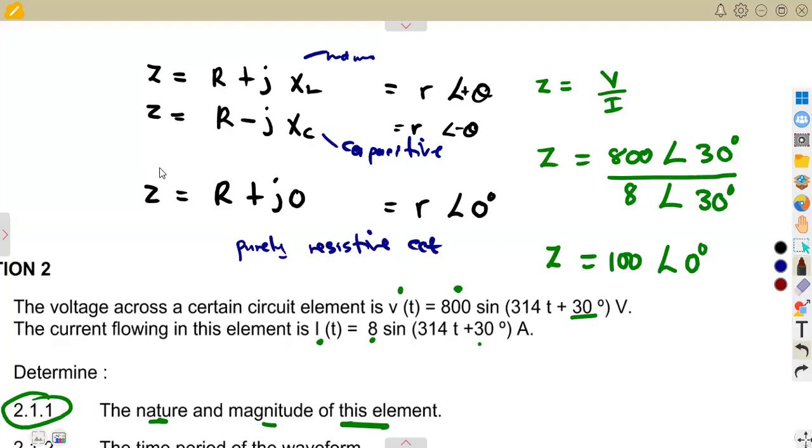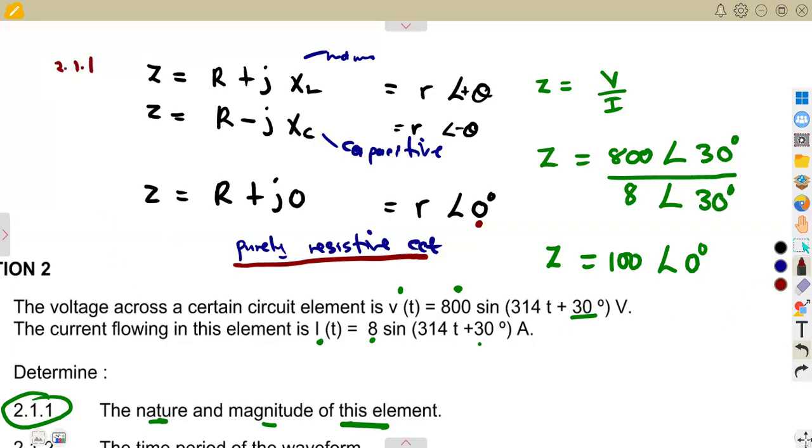If we take these conditions, we are not having an angle of a positive theta where it's maybe 30 or 90. It's a straight 0. So it means we're talking about a purely resistive circuit. That's a purely resistive circuit that we are talking about in this case.